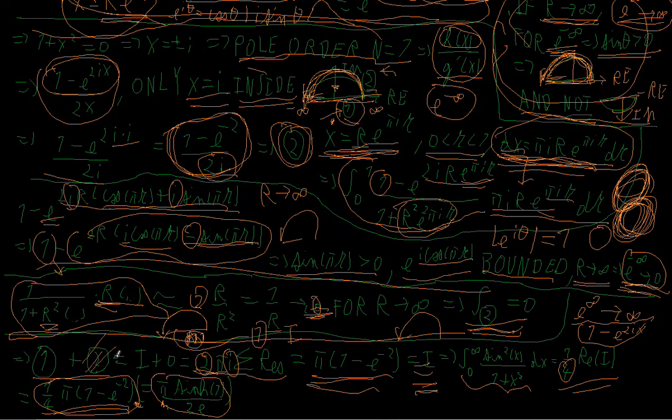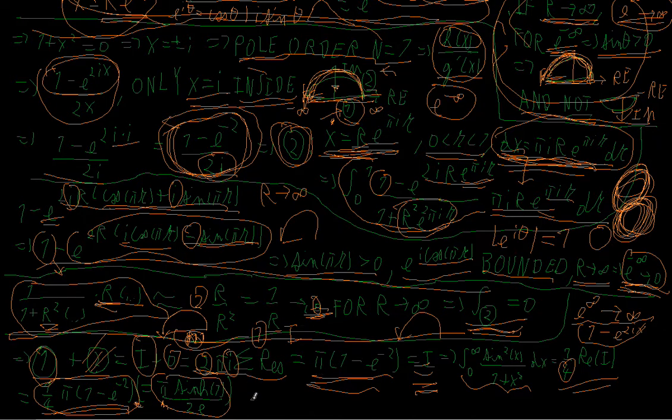The second part vanishes, as I said, it is 0, and the first part along the real axis is our original integral, and that is equal to 2 pi i times the sum of the residues. As said, this is our only residue inside our domain.